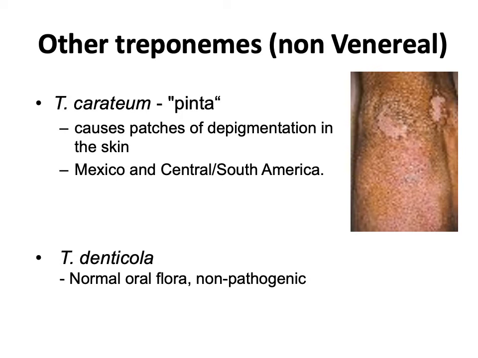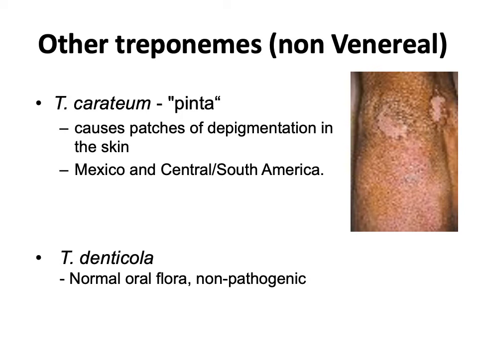They are only distinguished by the disease they cause and the endemic region where they are found. With the exception of Treponema pallidum, they are typically contracted by skin and mucosal contact with infected individuals. They are not transmitted or contracted by sexual contact and therefore do not cause venereal disease.